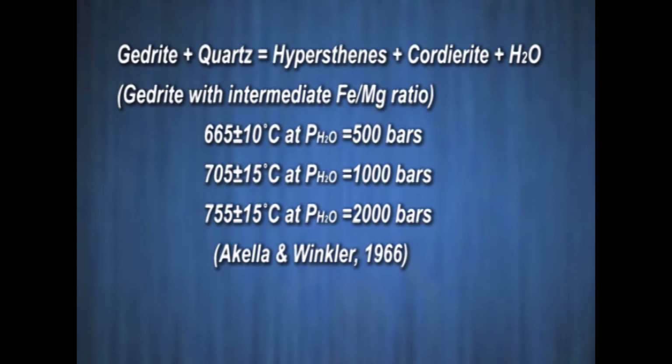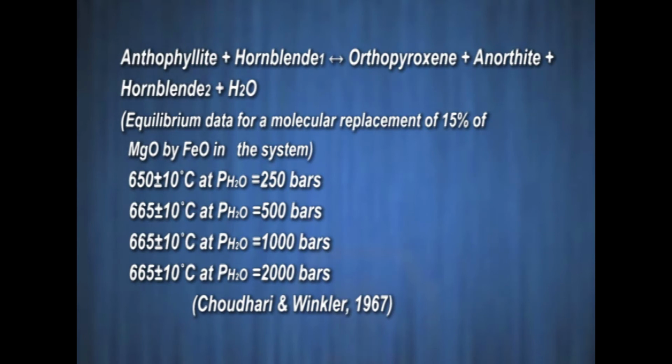This reaction was carried out at 665 degrees centigrade at P water equal to 500 bars, 705 degrees centigrade at P water equal to 1000 bars, and 755 degrees centigrade at P water equal to 2000 bars by Akella and Winkler 1966.